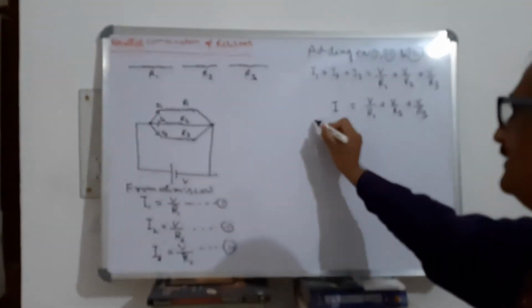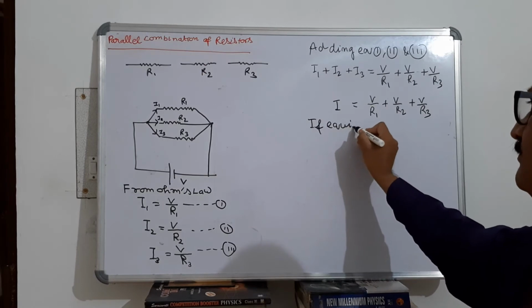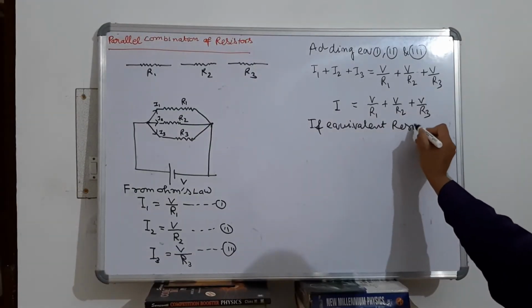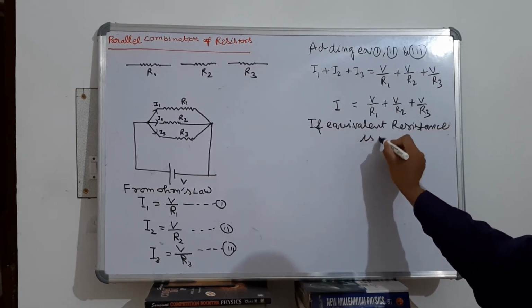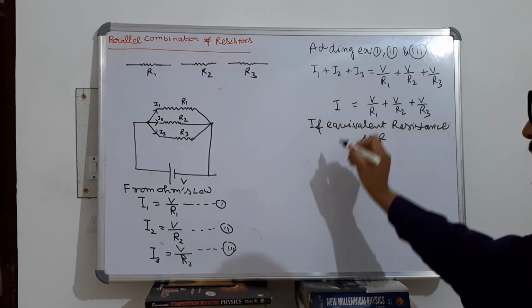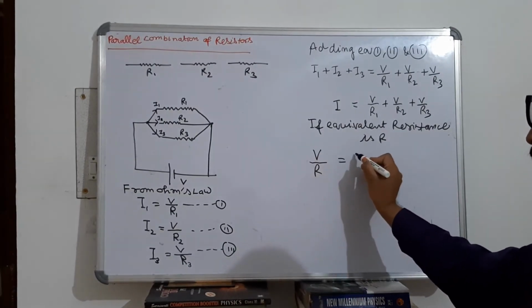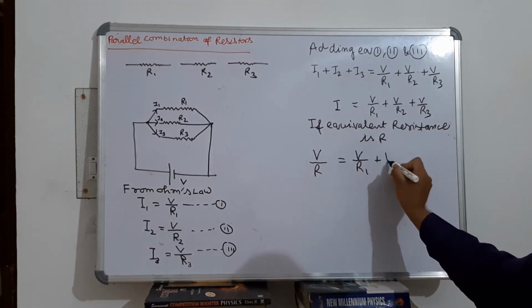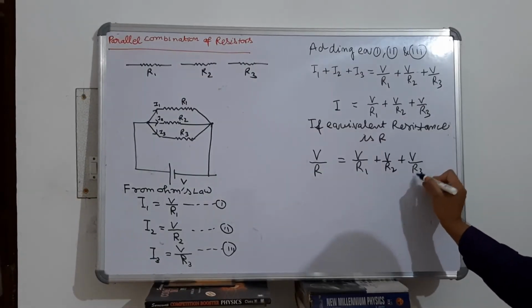If equivalent resistance of the combination is R, then in place of I we can write V by R, which is equal to V upon R1 plus V upon R2 plus V upon R3.